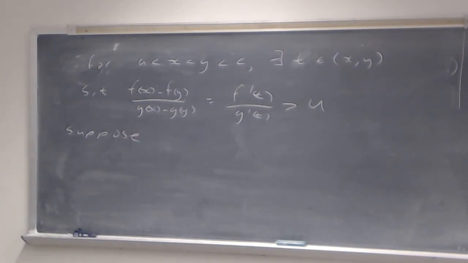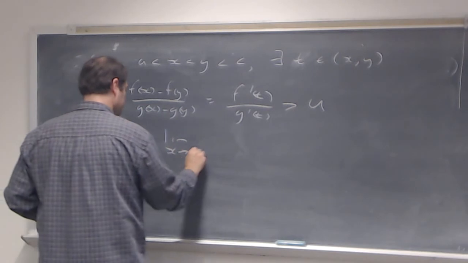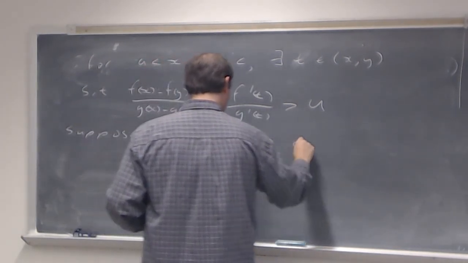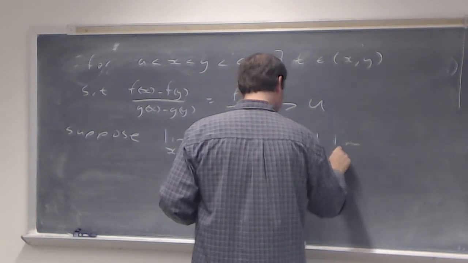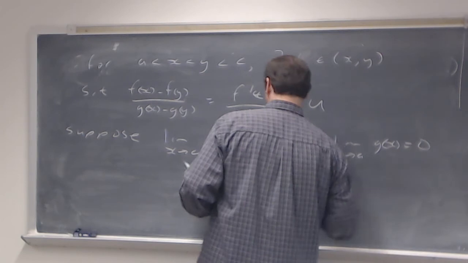Okay, now suppose, again, here we're going to use the hypothesis that the limit as x goes to a of f(x) equals 0 and the limit as x goes to a of g(x) equals 0.